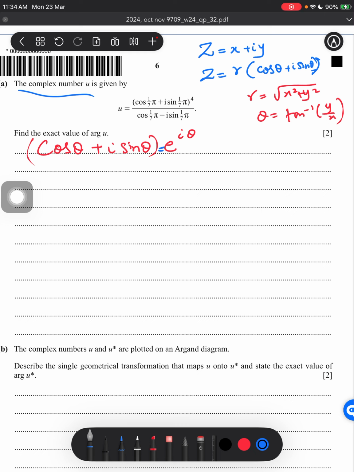So the numerator is cos of pi by 7 plus iota sine pi by 7, all to the power 4. The iota remains the same, the value of theta is pi by 7, and this all is in between with a power of 4.